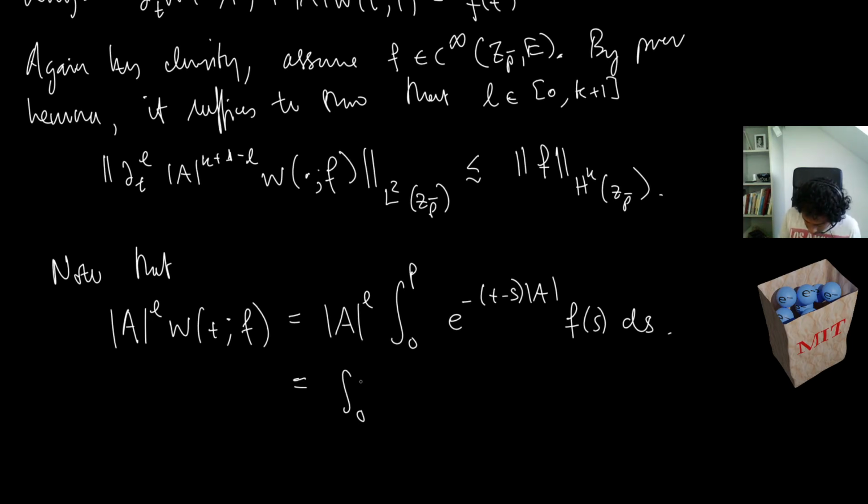We have e to the minus t minus s, because the semigroup is in the functional calculus, a finite integral, so we have commutativity here. Actually, that's not what I wanted, sorry.